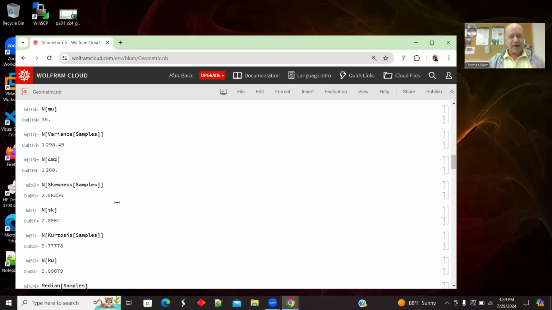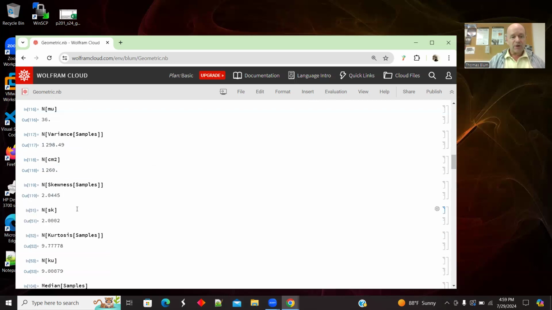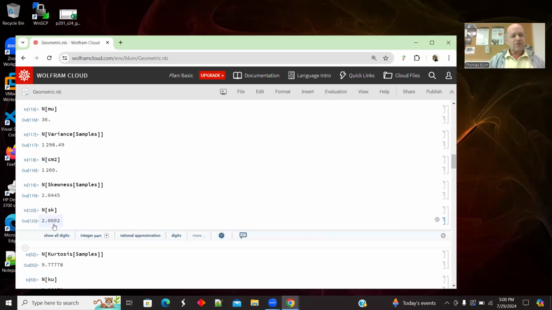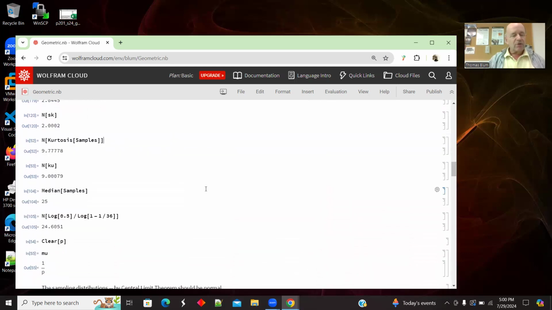Okay, what did I get from my simulation for the skewness of the samples? I got around 2. What am I expecting? This is just me evaluating the exact expression above with a P of 1 on 36 and getting the numerical value. So I'm expecting around 2. I got around 2. And then finally, not finally, the kurtosis.